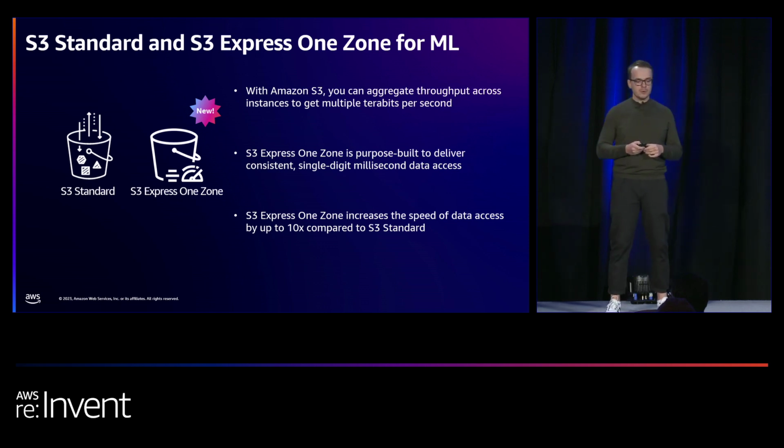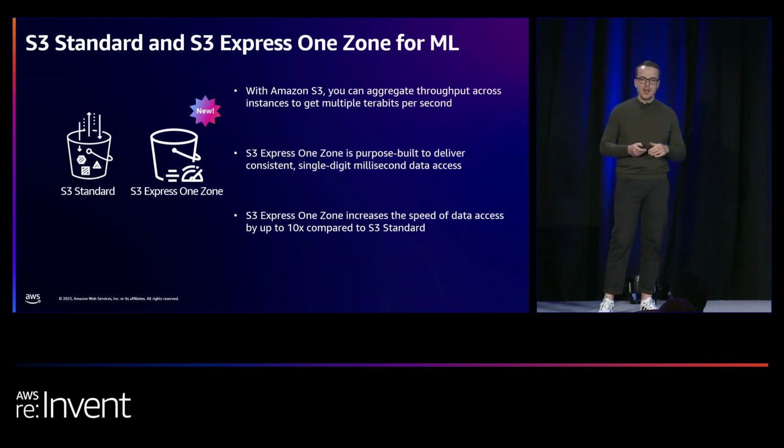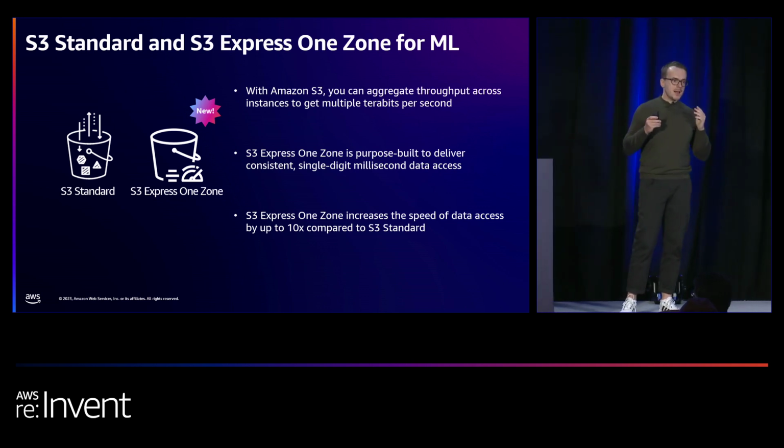So as Dev has mentioned previously, yesterday we introduced our new Amazon S3 storage class, S3 Express One Zone, which is purpose-built to deliver consistently single-digit millisecond latencies. It is also the first storage class of Amazon S3 that allows you to select an availability zone.